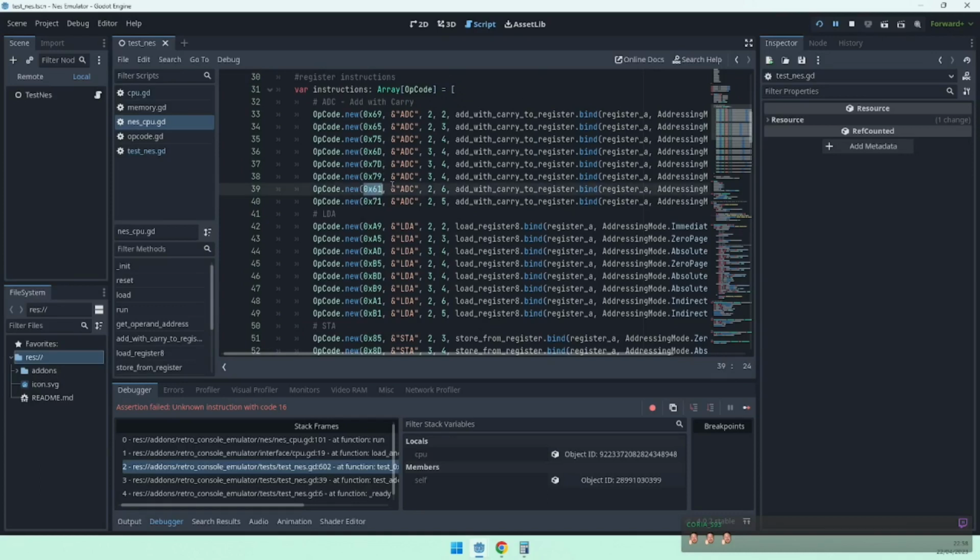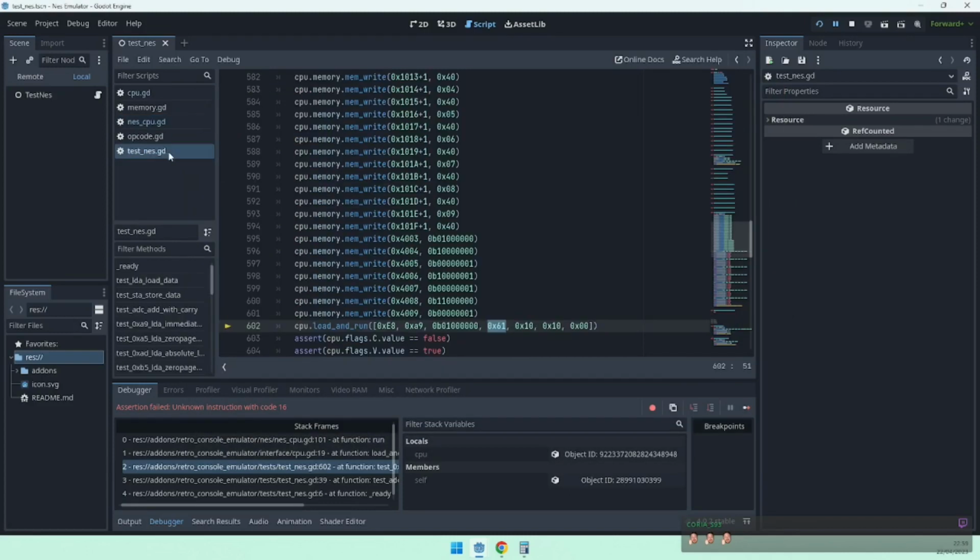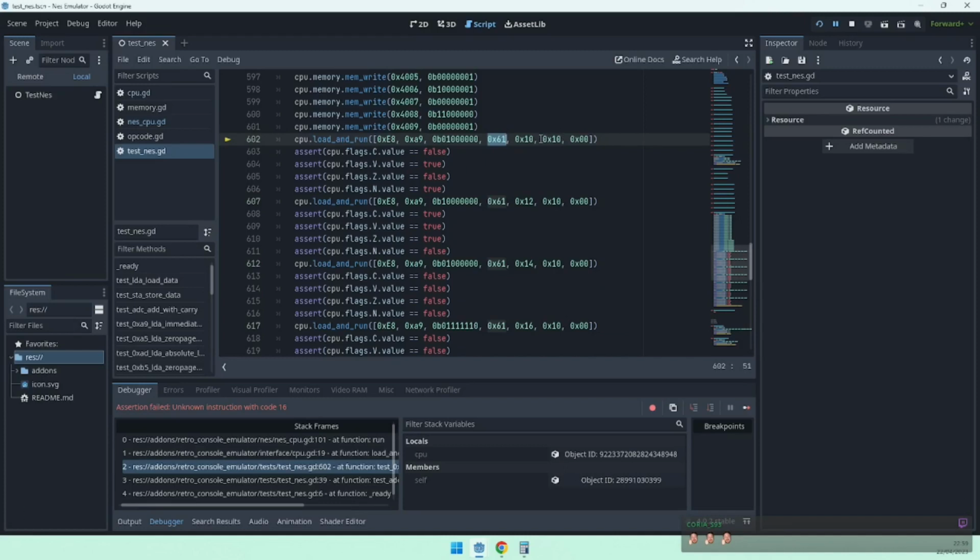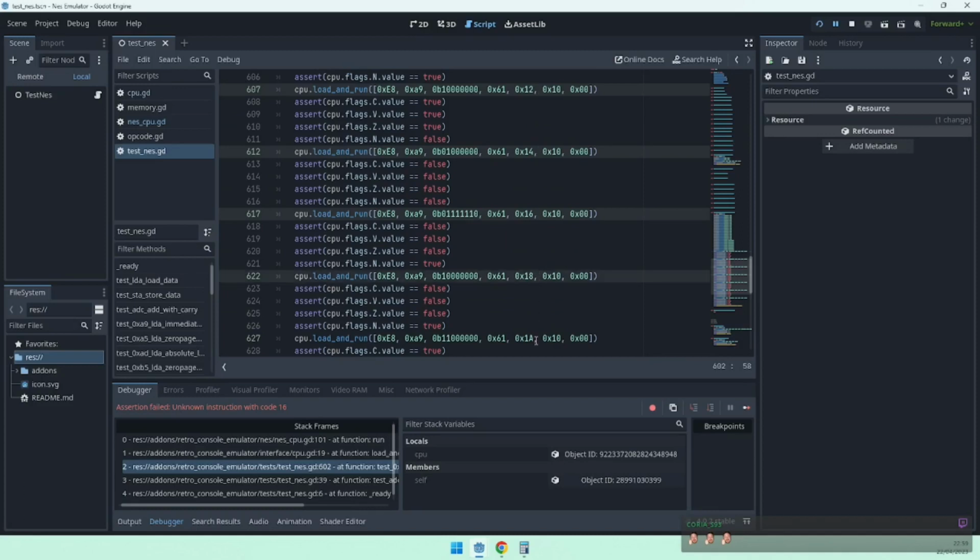ADC 61. It takes 2 bytes. Right. So that's why it's failing. It only takes the first because they are consecutive. I don't need the second one.